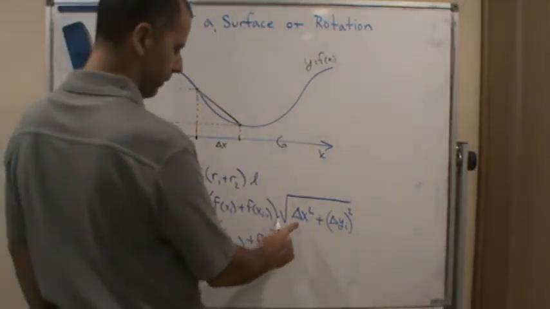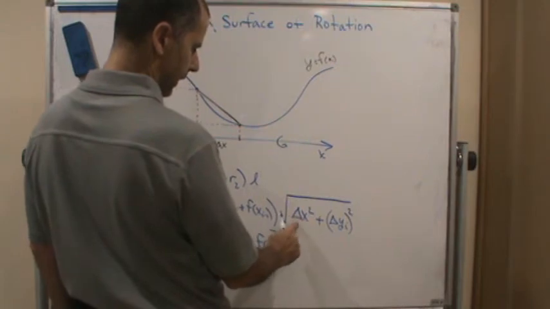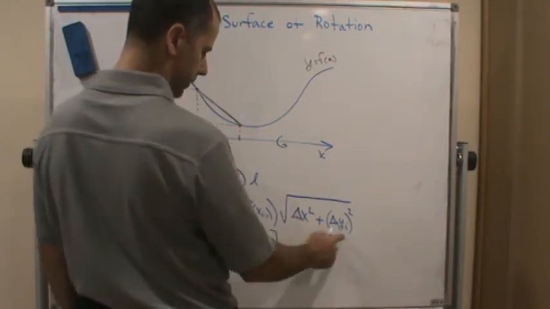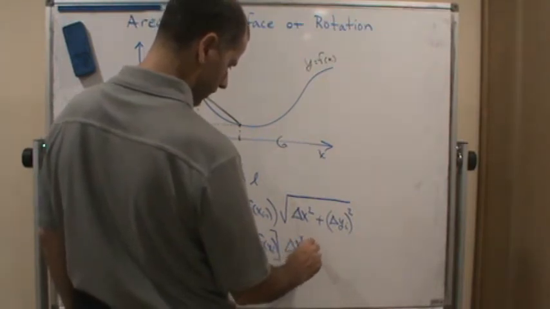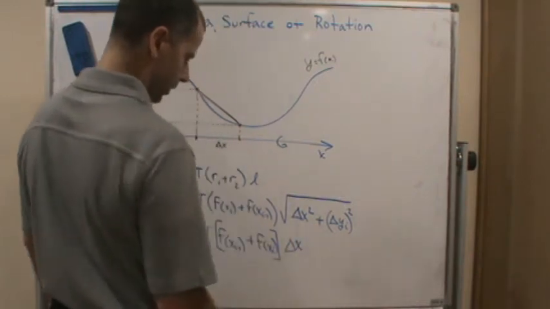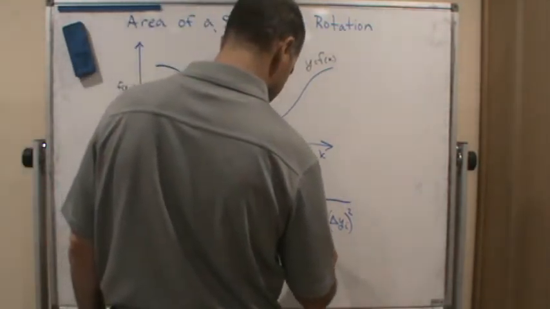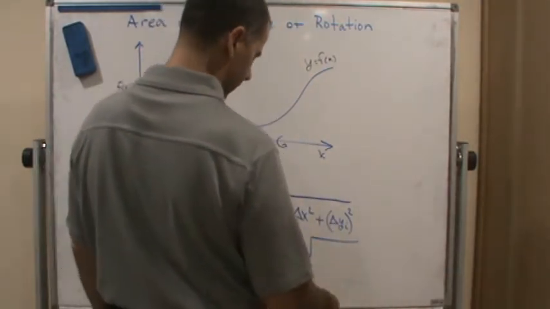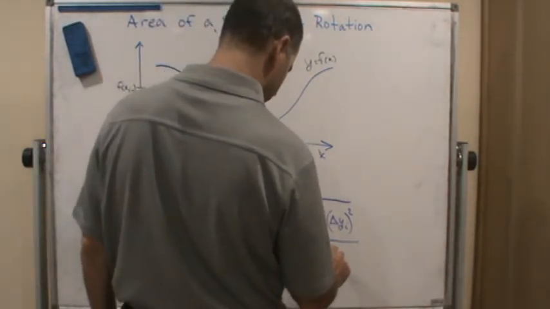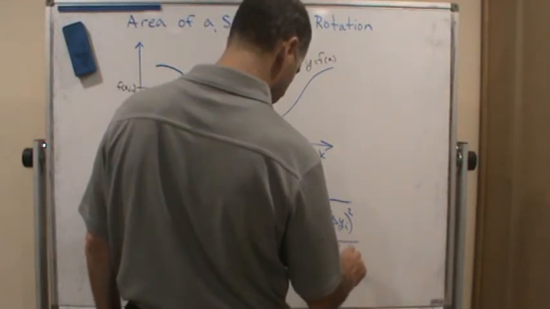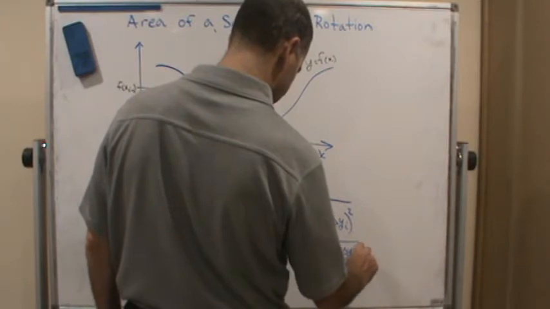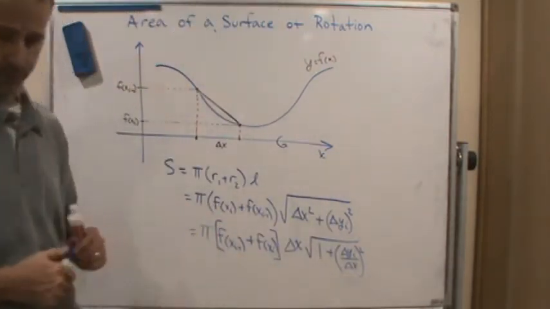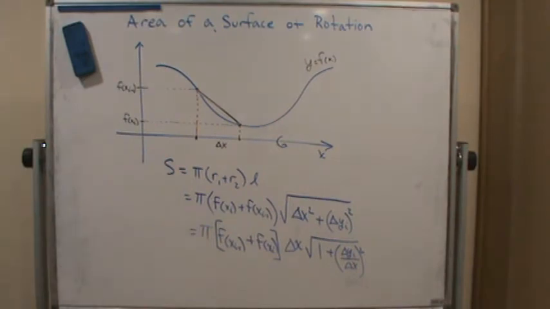And now I'm going to divide and multiply by delta x squared, and pull out the delta x. What's left under the radical is going to be 1 plus the quantity delta y sub I over delta x quantity squared, which you saw before.